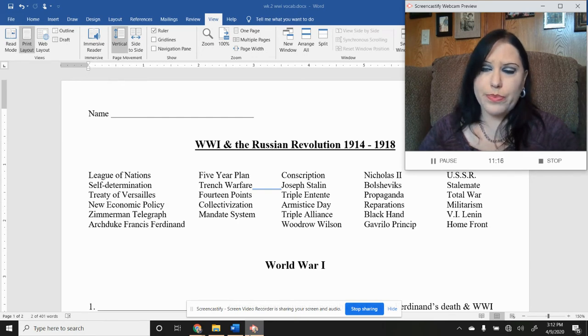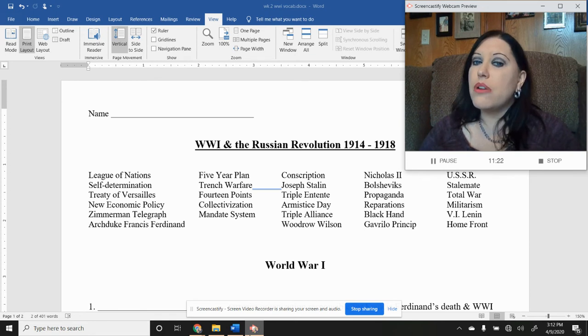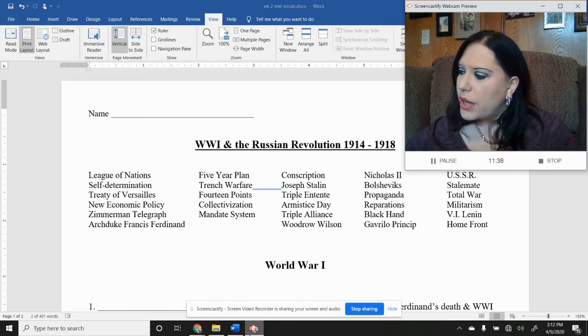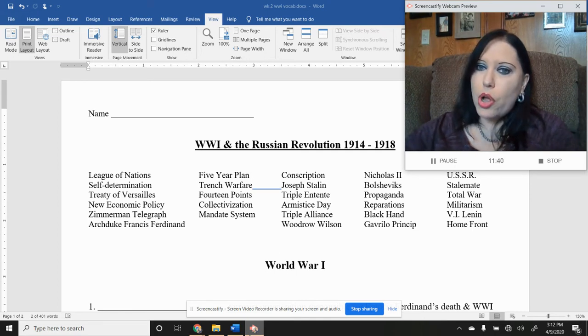The triple entente is the pre-World War I alliance. Be careful on this one. Be careful. There's two of them. It is the pre-World War I alliance consisting of Great Britain, France, and Russia. Great Britain, France, and Russia. That is the triple entente.